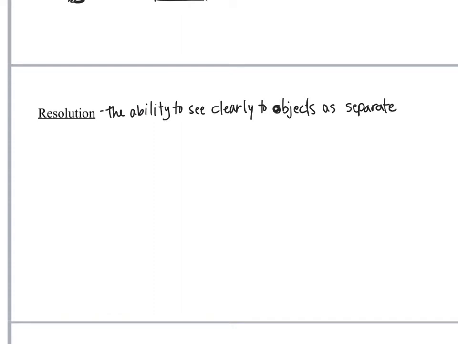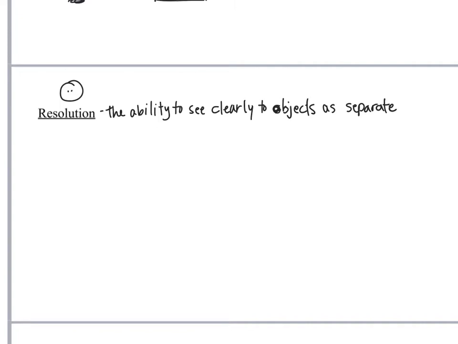Or you could talk about resolution when you're looking through a telescope as well. So I can resolve here that these two dots are separate dots. I can see a space between them. If I were to walk back to the other side of the room, then maybe I wouldn't be able to resolve that difference. So you can think about resolution as a measure of clarity.